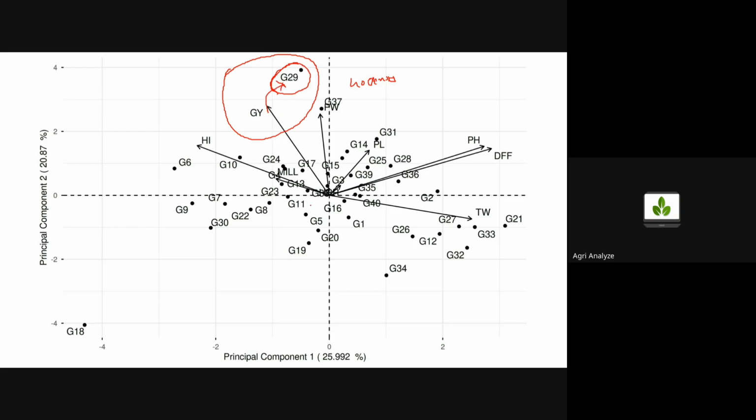Here, genotype 18, based on PC1 and PC2, we can conclude is the most divergent genotype as compared to other genotypes, among all 40 genotypes.